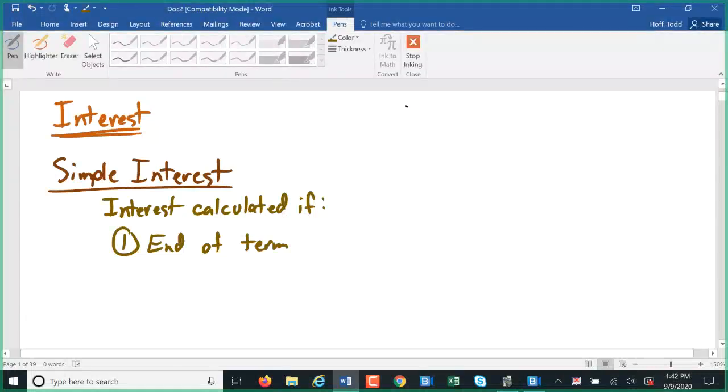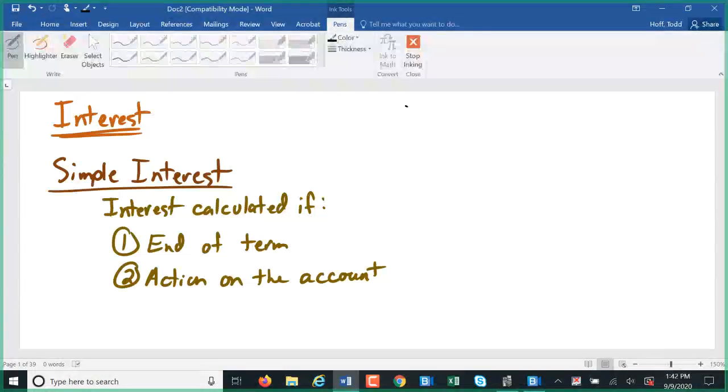A 2-year investment, calculate the interest at the end of 2 years. Or if there's an action on the account. What does that mean? Well, if you pay into the account or draw out of the account, that's an action. So when that action occurs, technically, before that action can occur, they figure out what the interest is and add it in, and then they perform the action on the account after the interest is added into the account.